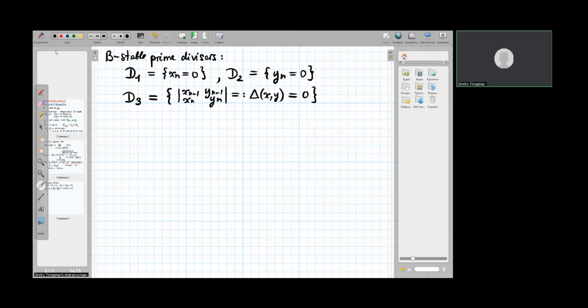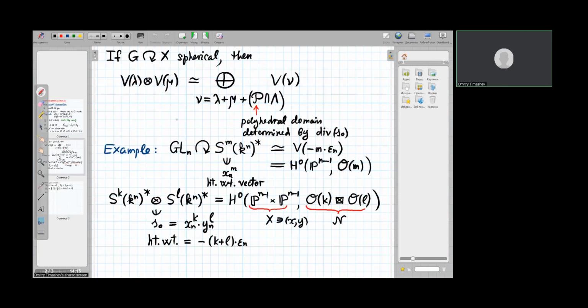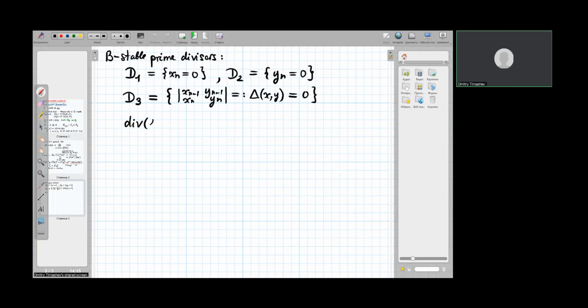And also observe that the divisor of our canonical section S0, which we have chosen here, is just k times D1 plus L times D2.